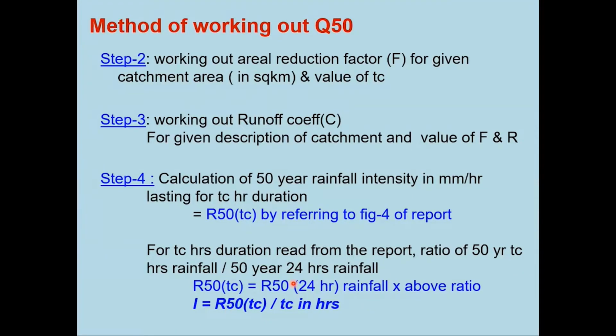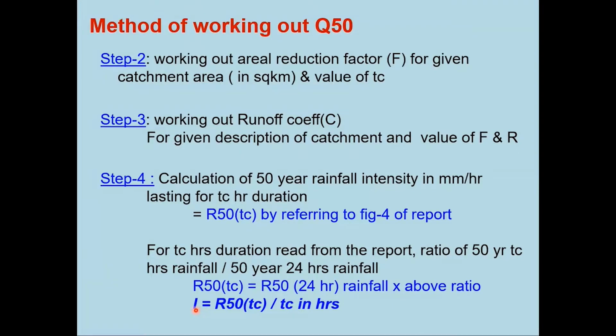So R50 TC is R50 24 hours multiplied by the above ratio. And this R50 TC is required for I50, meaning 50-year intensity. I50 is R50 TC, which I have known, and TC I have already calculated.